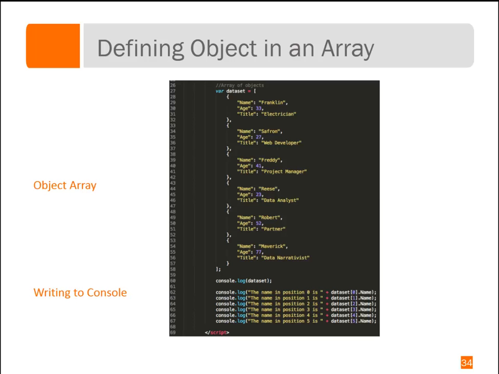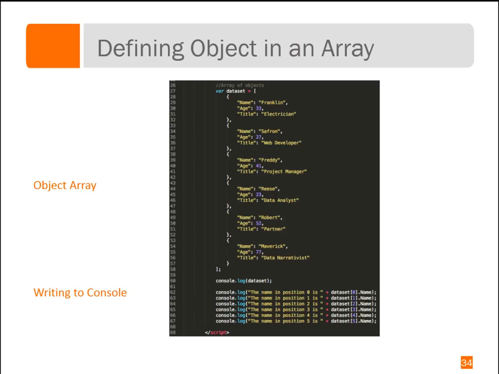So like it says over on the left, the object array, we're going to define in a variable this array called dataset. You'll notice that we have a set of square brackets that are encasing this whole thing. And then we have our curly brackets for each basically set.